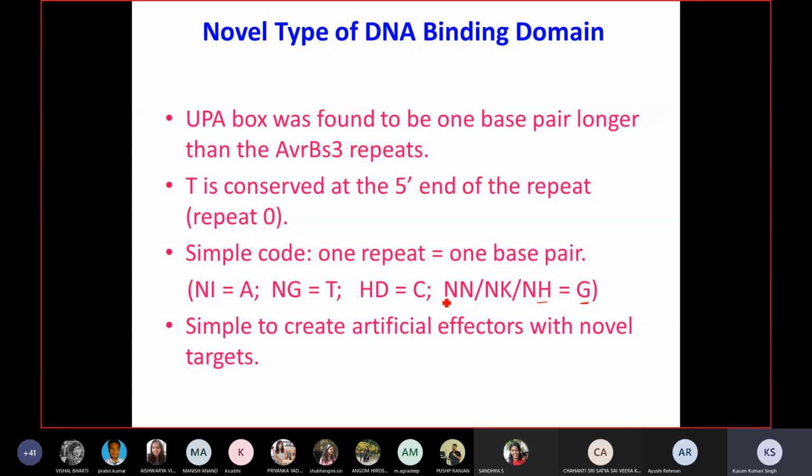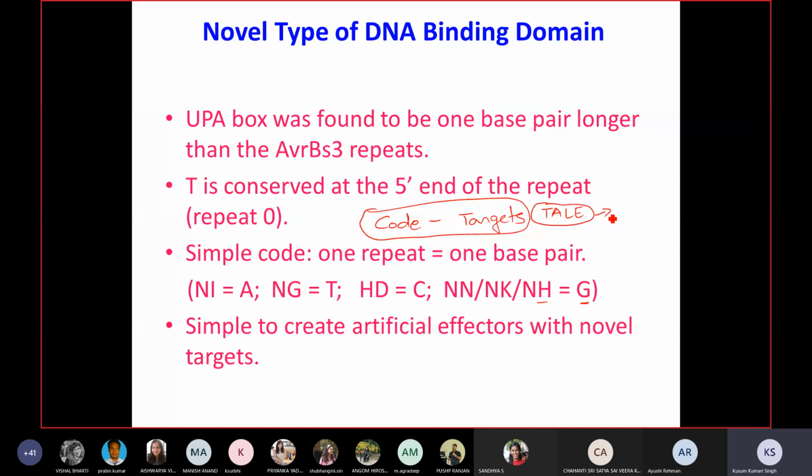So with this they were able to find the code. Code means how these repeats are able to find targets of a particular DNA. Now if you have this kind of protein, the TAL proteins, transcription activator-like effectors, you can also produce an artificial TAL.